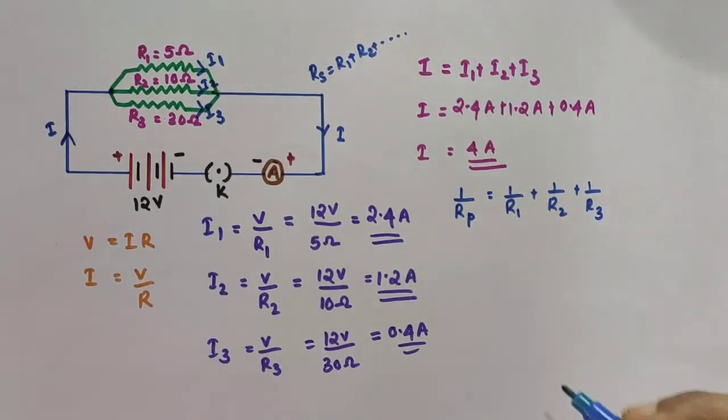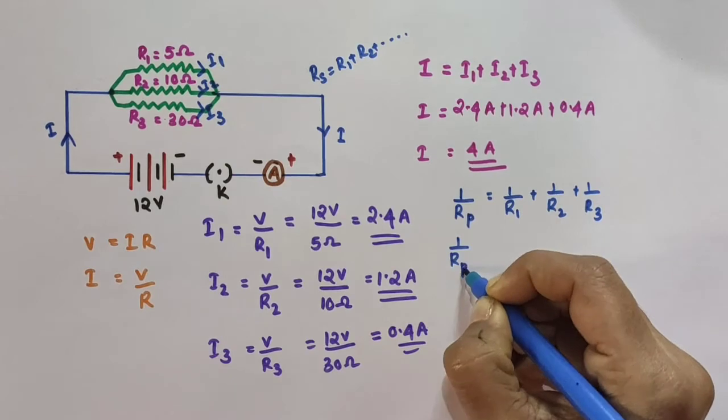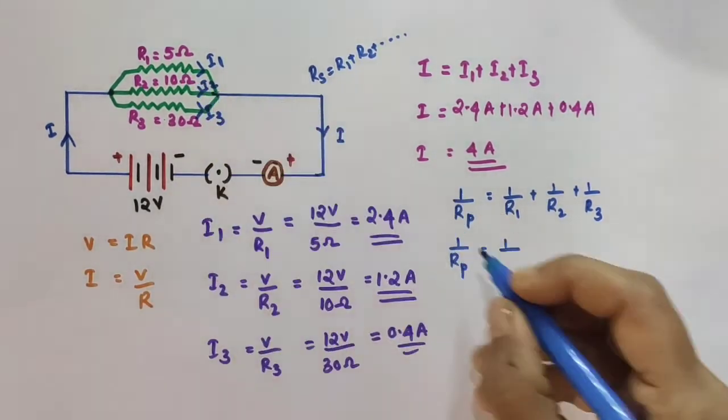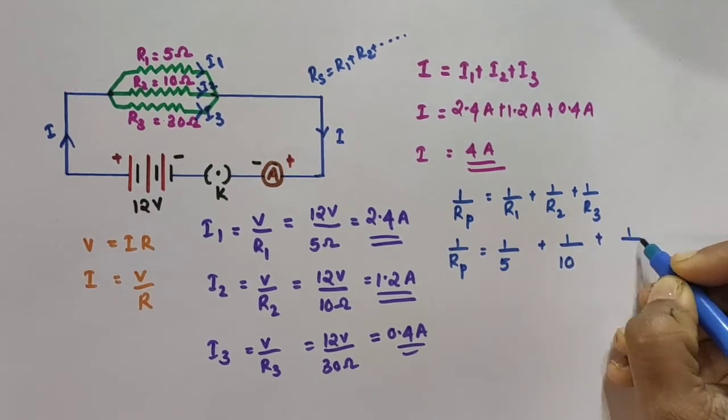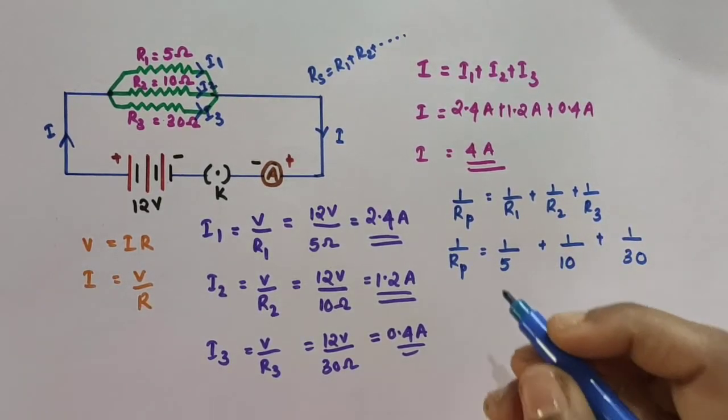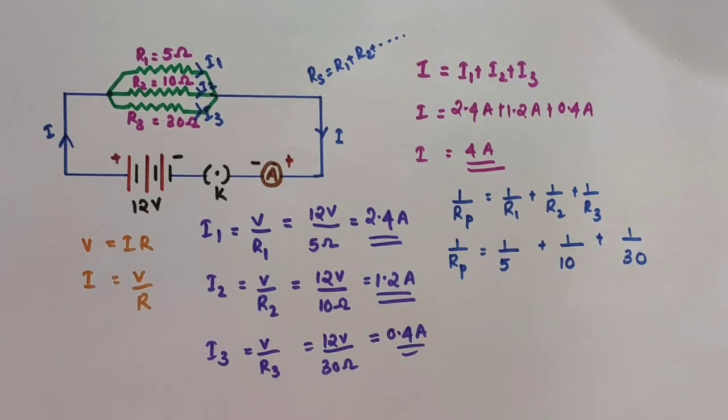That is enough. So 1 by Rp is equal to 1 by, what is R1? 5 ohm plus 1 by R2. R2 is 10 ohm plus 1 by R3. R3 is 30 ohm. You can do the cross multiplication or you can make the denominators the same. So I am just making the denominators the same.